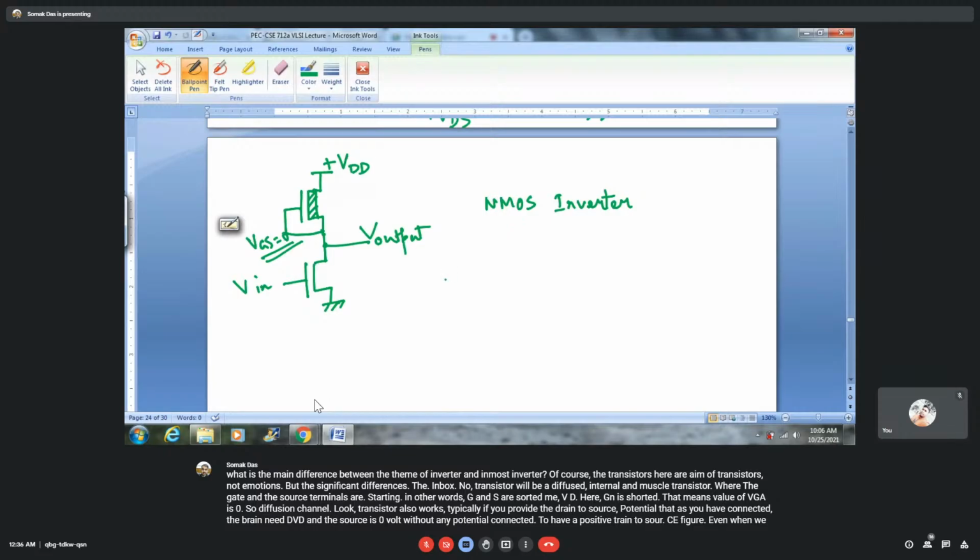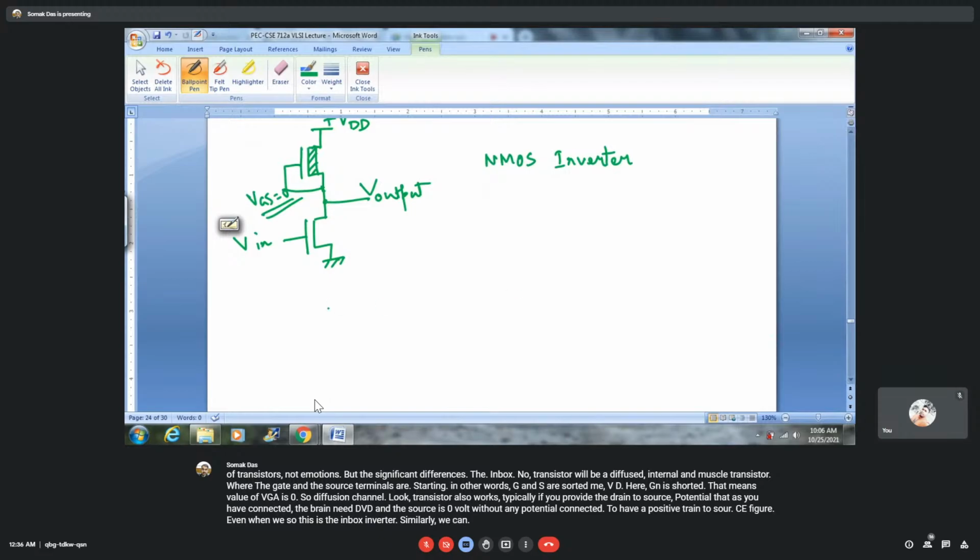So this is the NMOS inverter, and similarly we can draw or design the NMOS NAND and NOR gates.